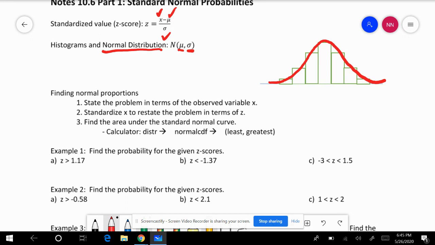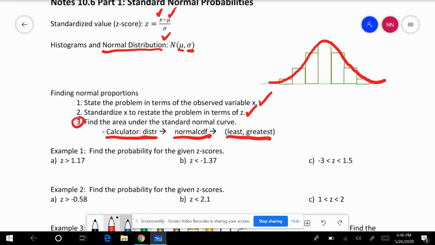You take your x value and turn it into a z value, which we've already done. Then we find the area under the curve. How we do that is using the calculator. We go to the distribution, then we move over to normal CDF. And how normal CDF works is we put our least value, then our greatest value.